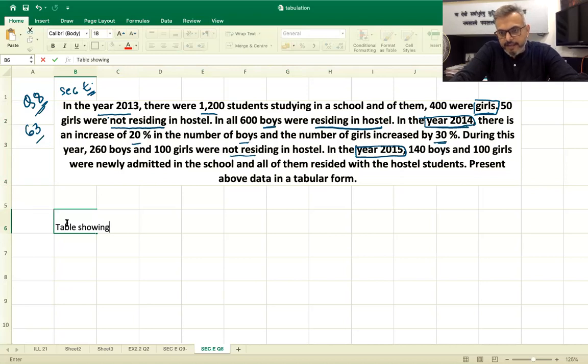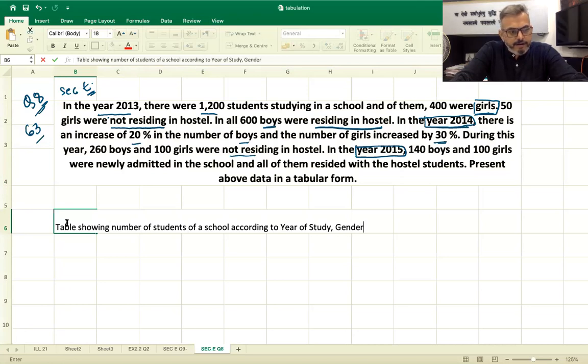Again and again, I am telling you. Okay, otherwise you will lose marks. Table showing number of students of a school according to year of study, gender, and residence in hostel.